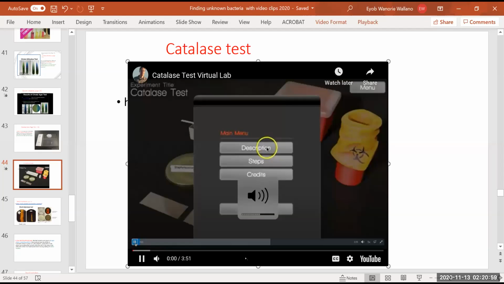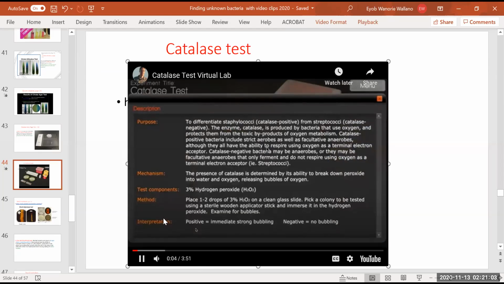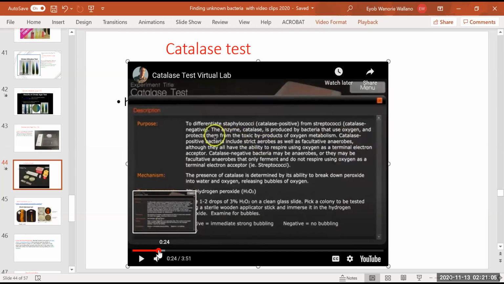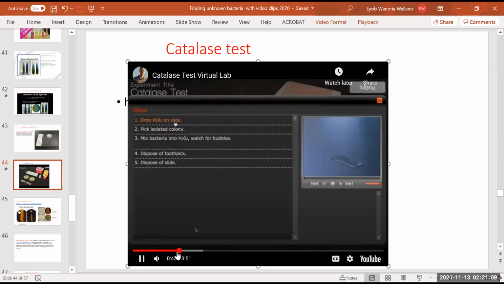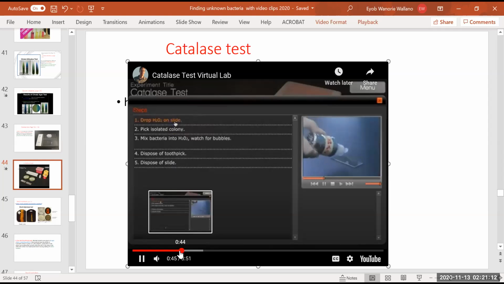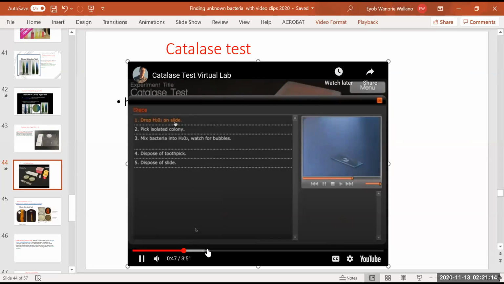First, I'd like you to read the description for this experiment. You can see inside are the steps. First, we're going to drop hydrogen peroxide on the slide.